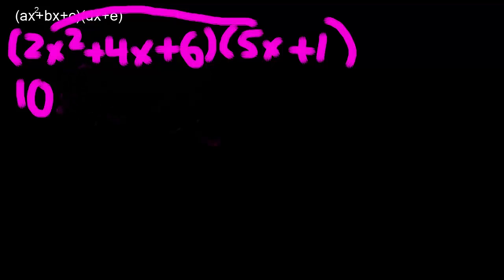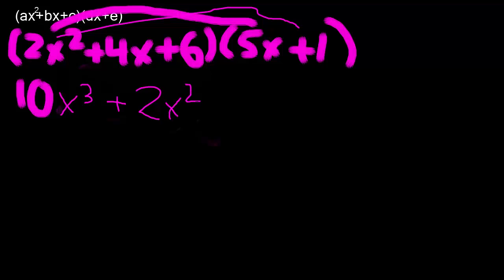Yeah, easy. 10x cubed plus, now we go to this one. So we have a 2x squared. Gotta love the ones. Remember, we're not just bringing this down, you gotta multiply. I'm multiplying the 2x squared and the 1 to get 2x squared. So, don't blame me if you do something on a test where we just bring this down here.